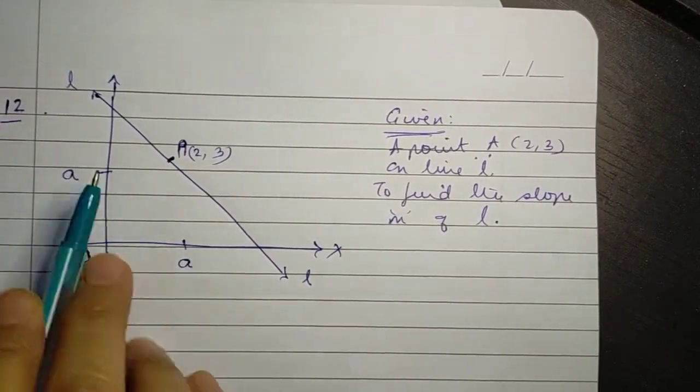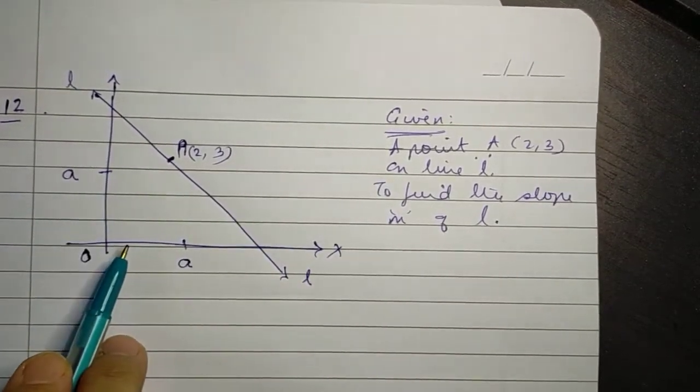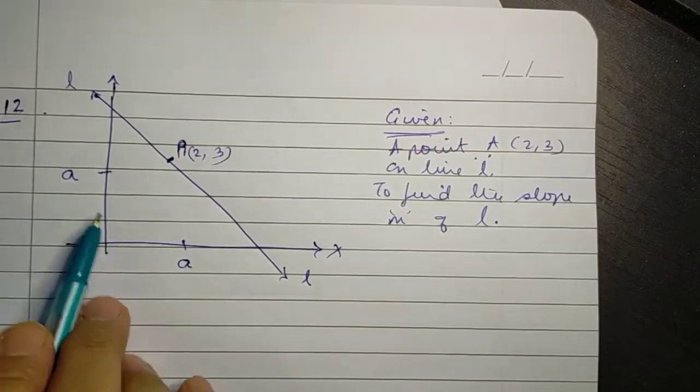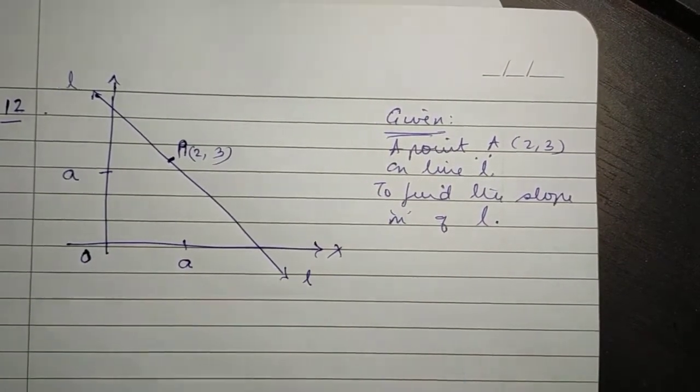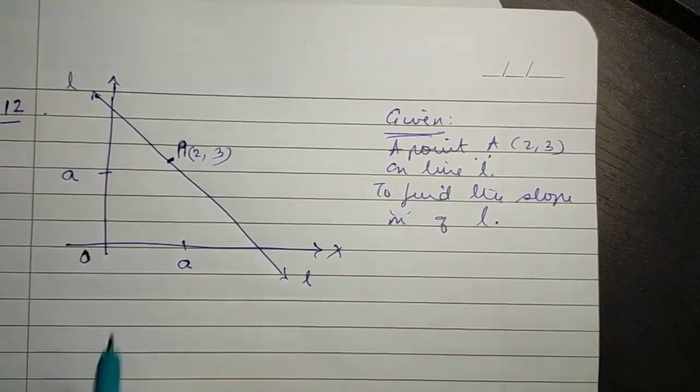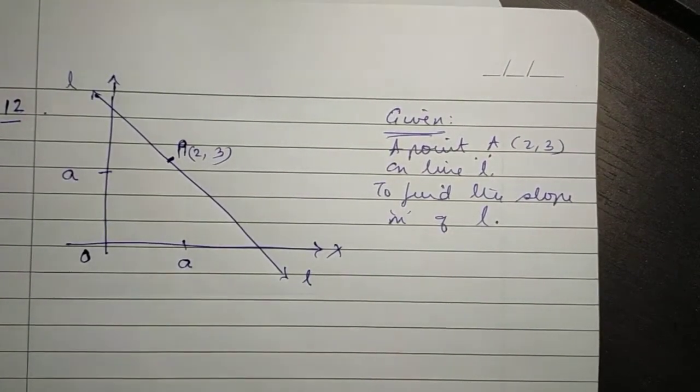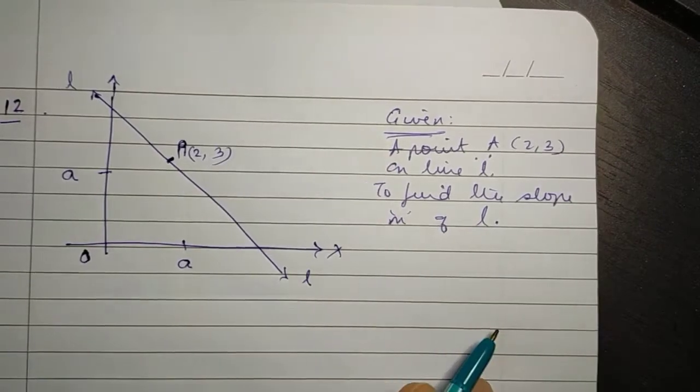The second information given to us is that it makes two intercepts, both of which are equal. Now it's up to you. You can do it by the basic method or you can do it directly using the intercept form. I'll show you both the ways.